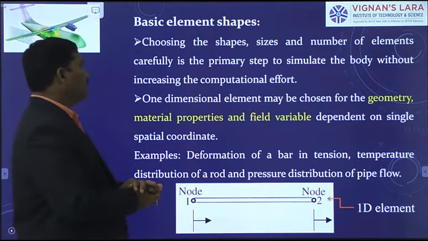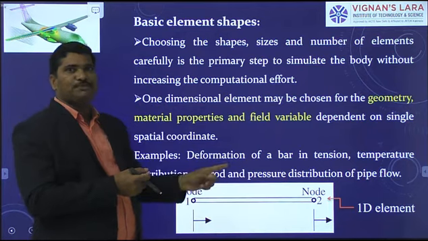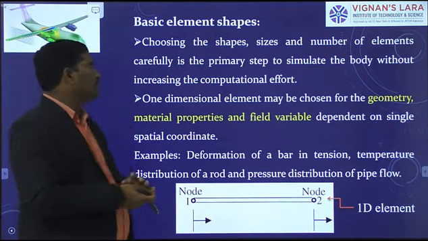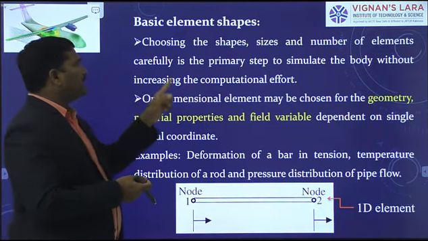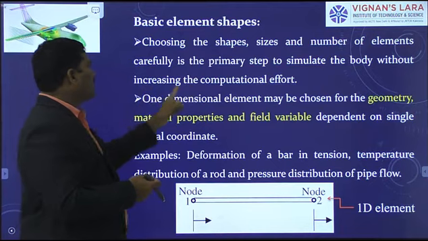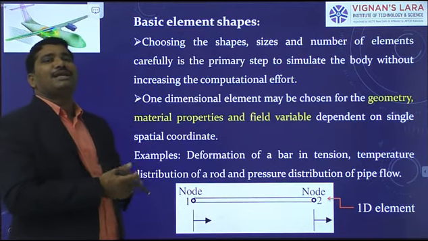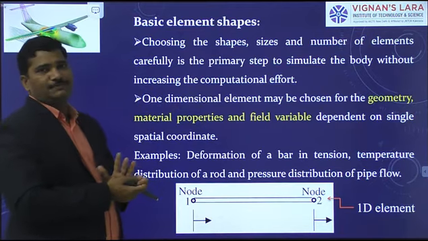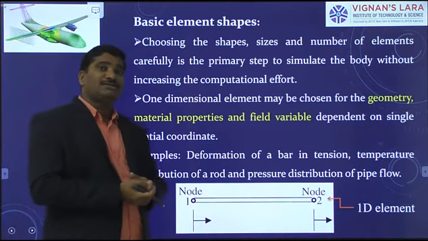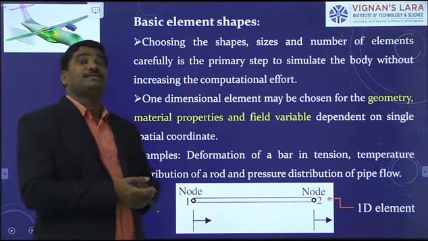Okay? Now, choosing the shapes, sizes and number of elements carefully is the primary step to simulate the body without increasing the computational effort. When you increase the number of elements, what happens? The computation time increases.